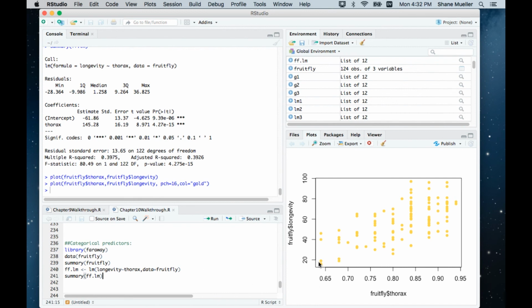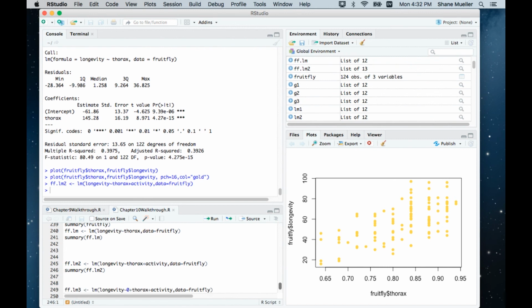Well, I can make a prediction of thorax based on longevity. But what about activity level? Activity level is categorical. So if I have a categorical variable, you have to be careful that it's actually a factor. You have to make sure it's a factor here. But I can add it to my model.